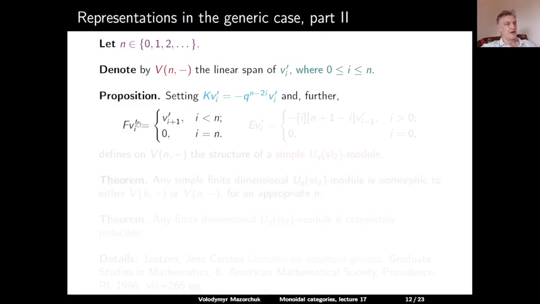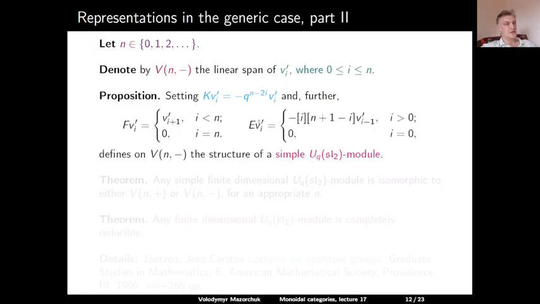F maps v_i prime to v_{i+1} prime, and it kills v_n. And E kills v_0 prime, and it maps v_i prime to v_{i-1} prime for i greater than 0, with the coefficient given by minus quantum i times quantum n plus 1 minus i.